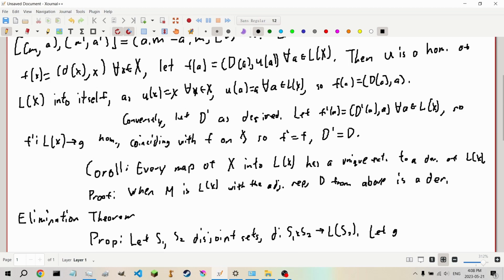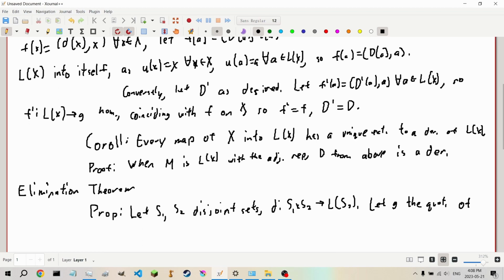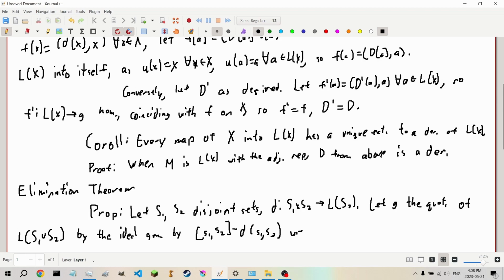Let G be the quotient of the free Lie algebra of the union of S1 and S2 by the ideal generated by the elements of the bracket of s1 and s2 minus the function d of s1 and s2, with s1 and s2 in their respective sets.